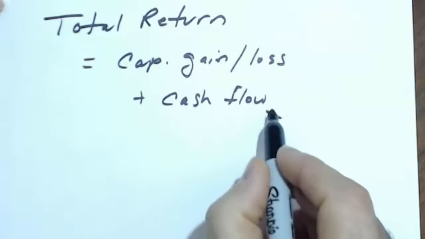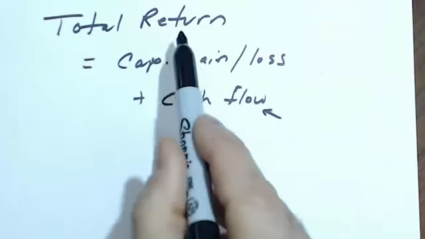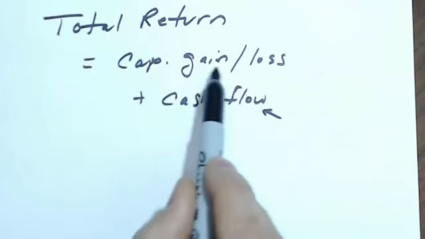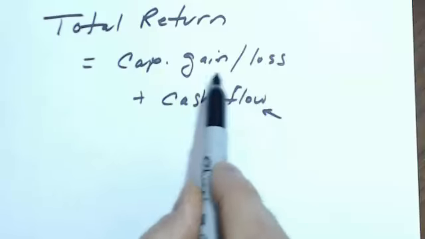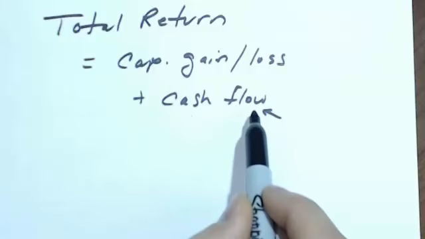Cash flow sounds generic, but if we're looking at the total return for a stock, the stock price can go up or down, so you have a capital gain or loss, but you could also have dividends, and that would be the cash flow associated with it.